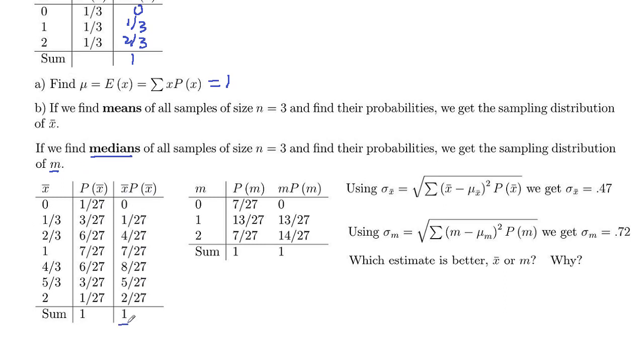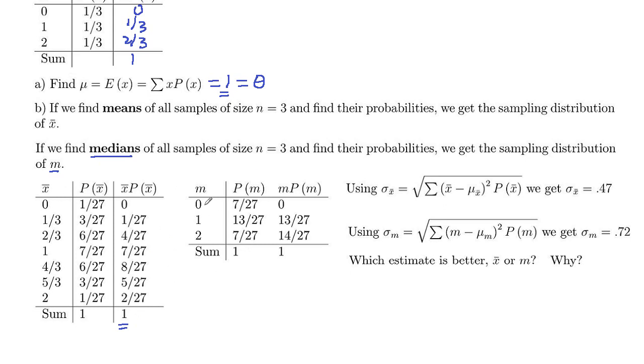So notice here that the mean of the sampling distribution is equal to the mean of the parent distribution. This is our theta, that's our population parameter. So we can see that the estimate is unbiased because those two means are equal.